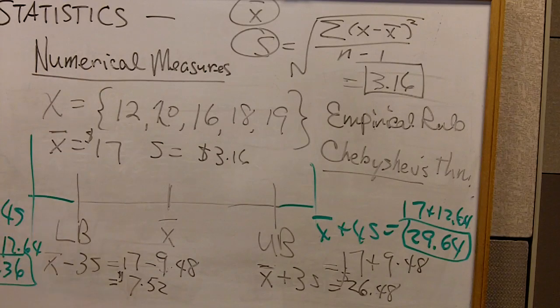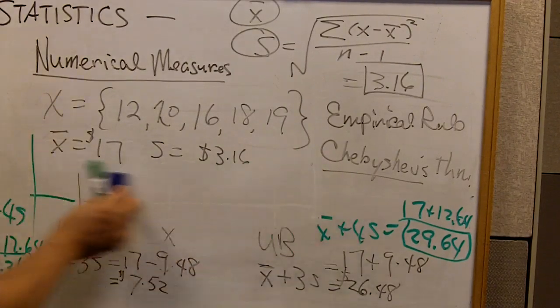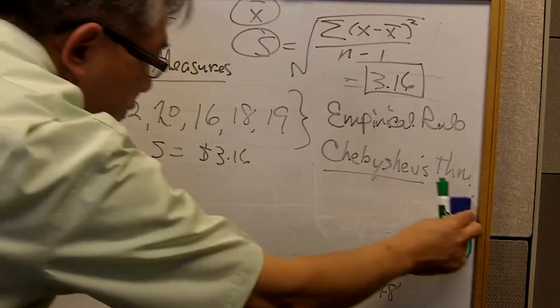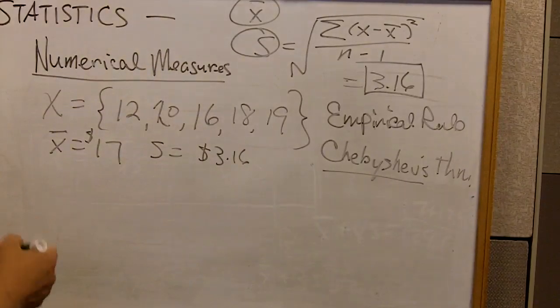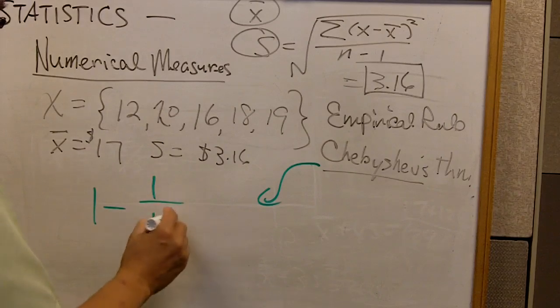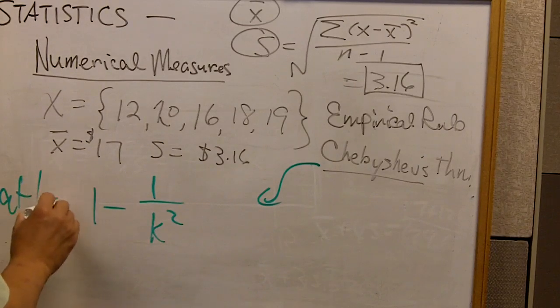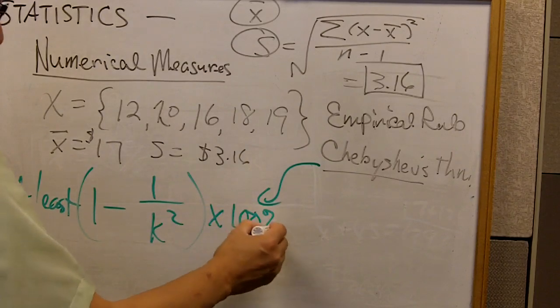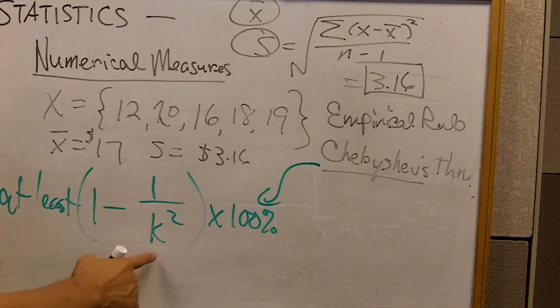And there's something more about Chebyshev's theorem: Chebyshev defined a distribution using an equation. At least 1 minus 1 over k squared, times 100%, of all the values would be within k standard deviations.